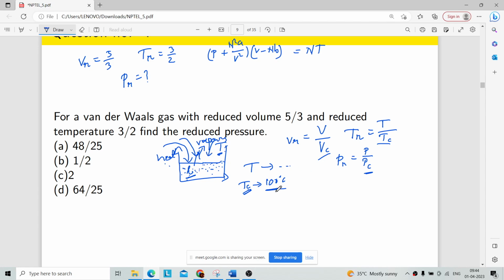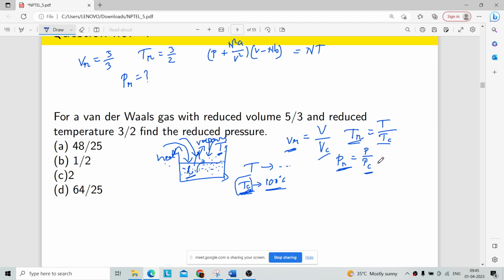So at this critical temperature, the phase of the system changes, right? And this temperature will remain as it is as long as all the liquid is being vaporized, right? So what are these critical values? At these critical values, the phase of the system changes. It will go from one phase to another phase, right?